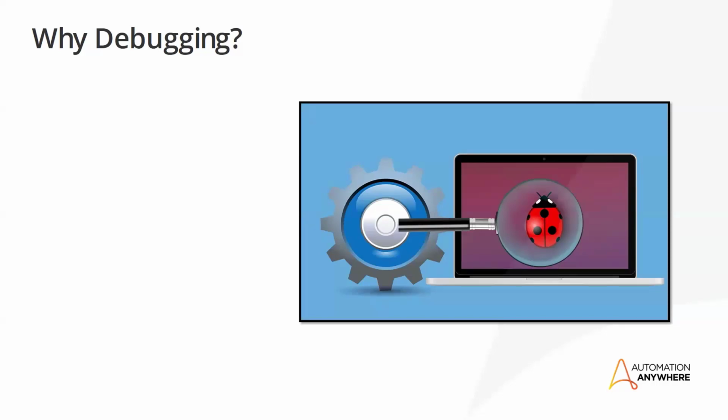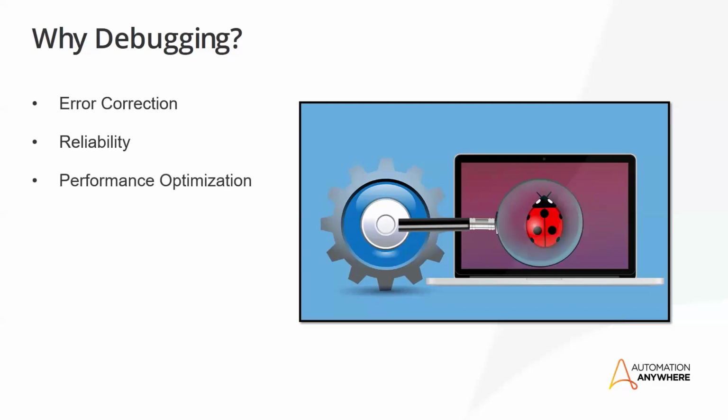But this adds an additional layer for the developers, so that you can take certain measures like corrections in the error, reliability of the bot, and then optimization. This is very critical. You must optimize whatever bot you have built so that it gives you the best performance in production.